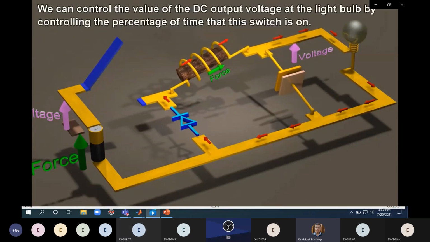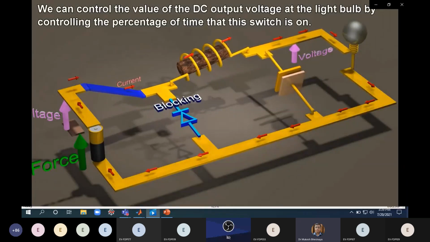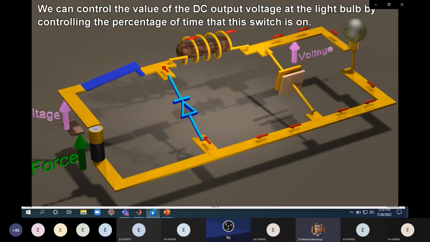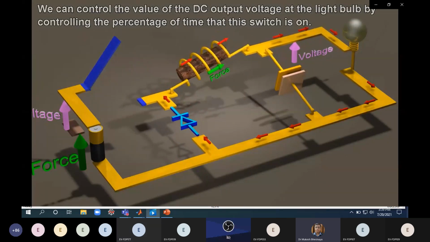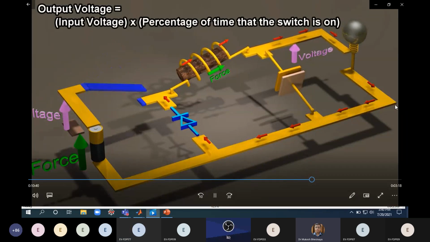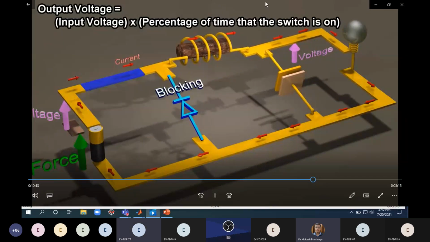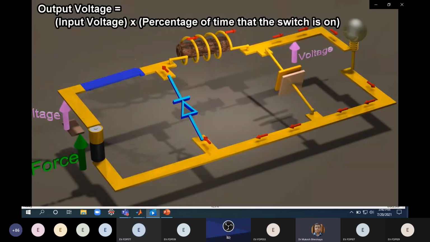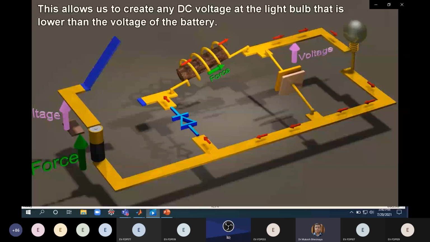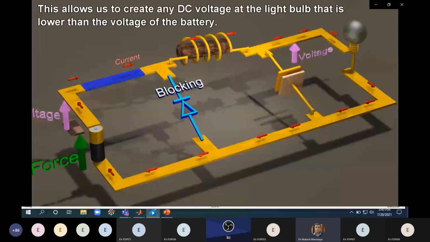We can control the value of the DC output voltage at the light bulb by controlling the percentage of time that this switch is on. This allows us to create any DC voltage at the light bulb that is lower than the voltage of the battery.